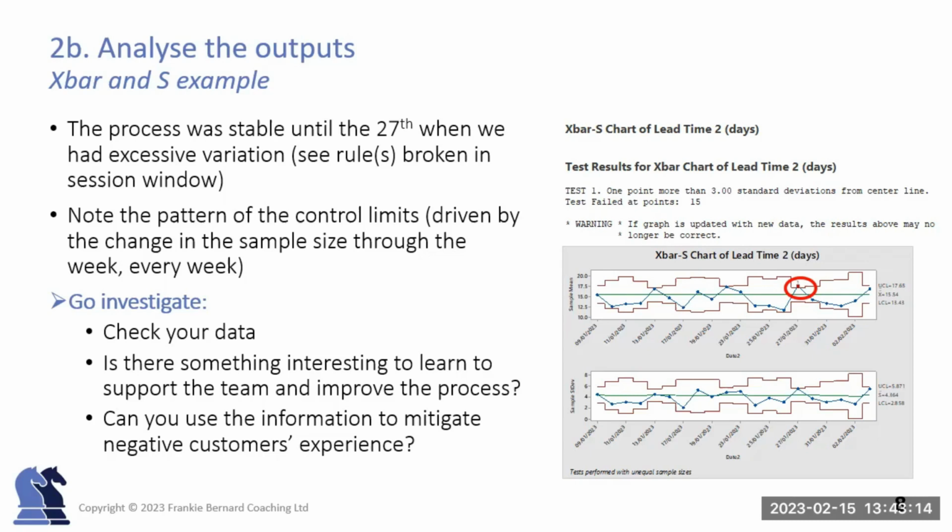Okay, so control charts can be good for a lot of things, but obviously they need to have the follow-up behind them. And this is why in SPC, we have the control chart, but we also have the control plan, and the two go hand in hand.